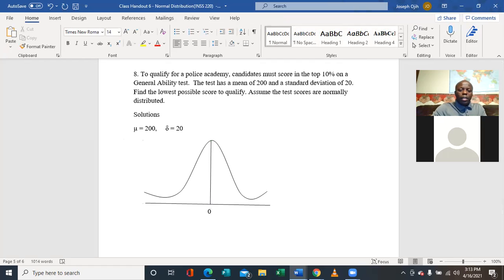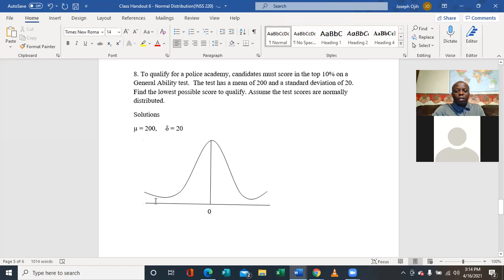Now we're looking for Z. It's the top 10%. You start from 0, the center. Even if there's no 0 here, it doesn't really matter. Going all the way to 50%, but it's the top 10%.